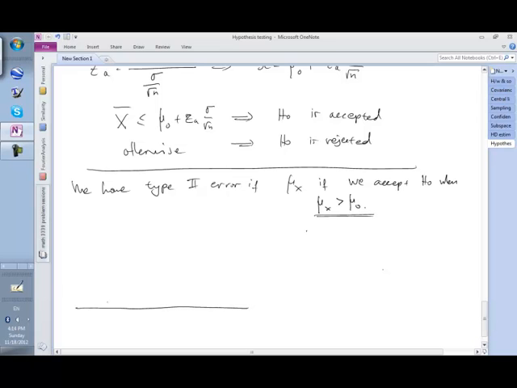So let's see. The sampling distribution for the mean will be this, for x bar. So this is the PDF of x bar under the assumption that the mean is equal to mu sub 0. So you see it's centered here. And let's say that we have a bigger mean.